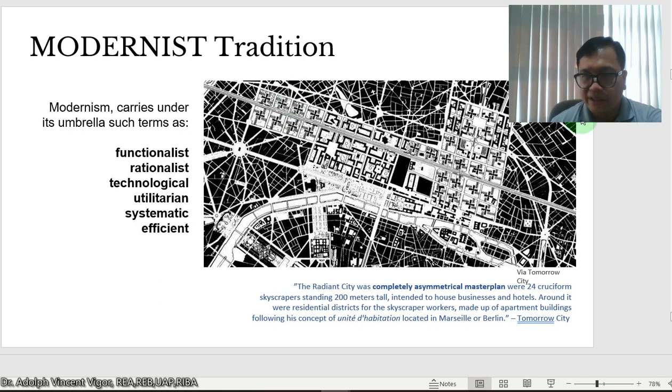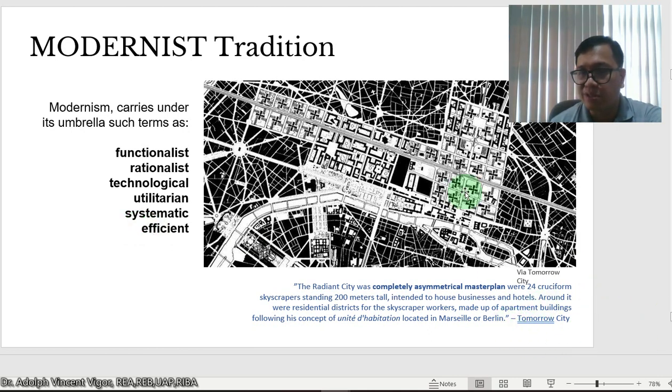The Radiant City was completely asymmetrical in master plan, which has 24 cruciform skyscrapers standing 200 meters tall, intended to house businesses and hotels. Around it are residential districts for the skyscraper workers, made up of apartment buildings following the concept of unite d'habitation located in Marseille or Berlin.